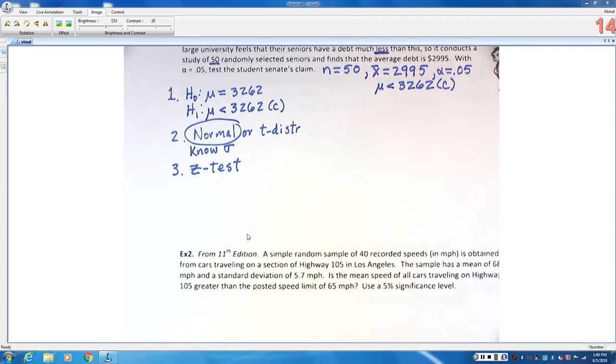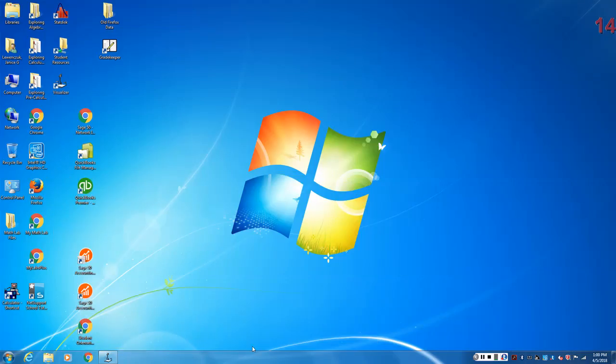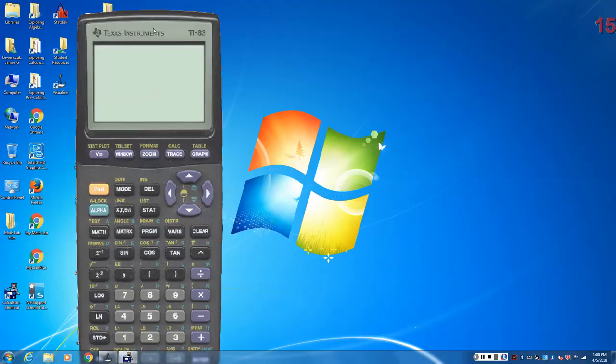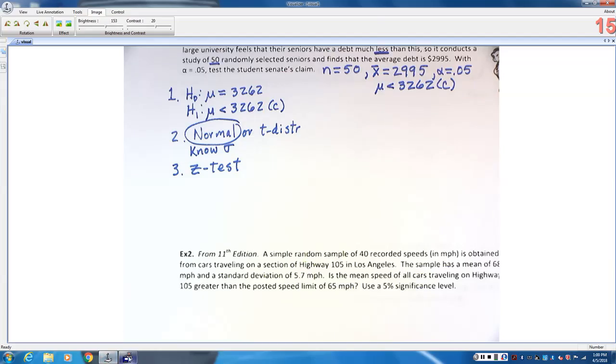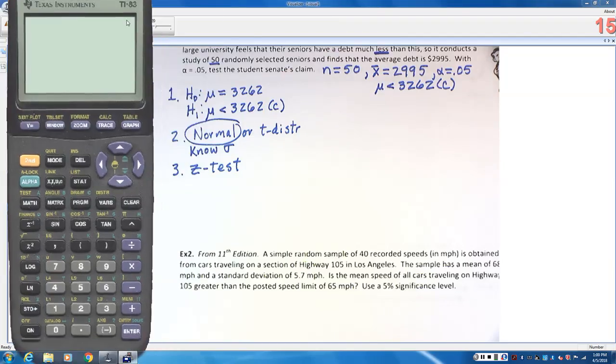So we bring the calculator up, and we're going to go to z-test. So where's that calculator? Turn it on, clear it.